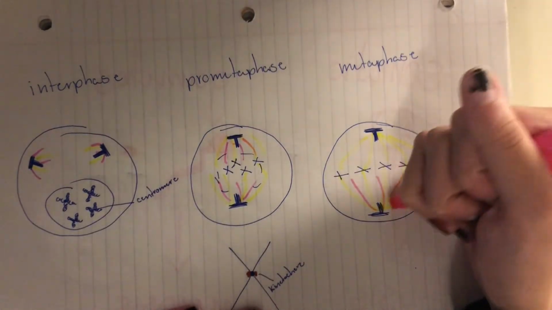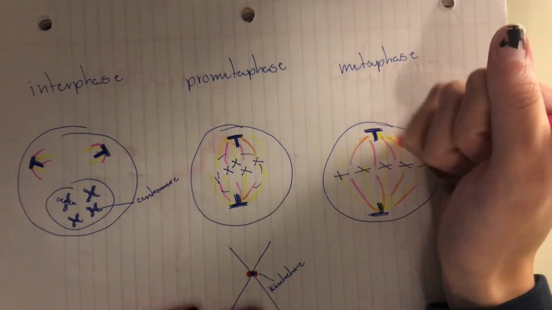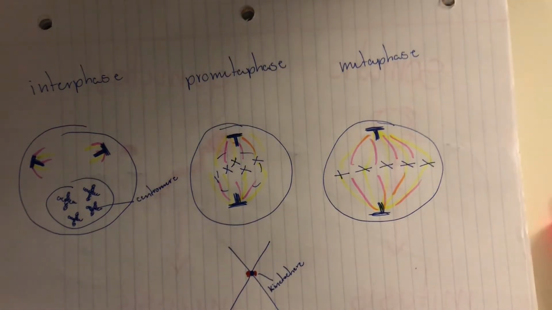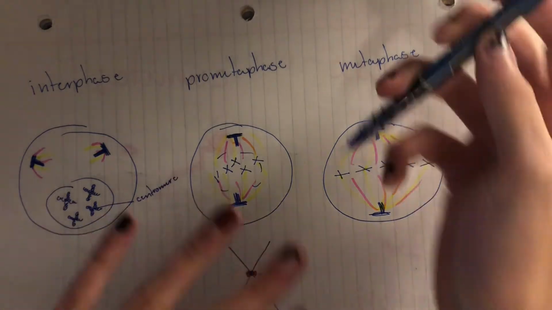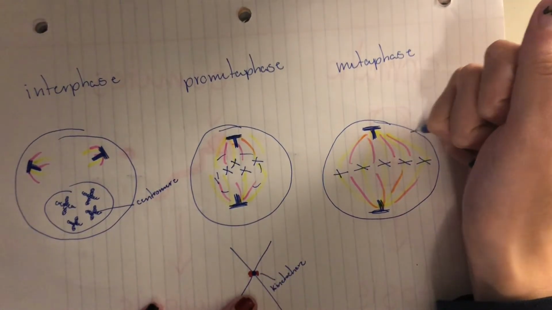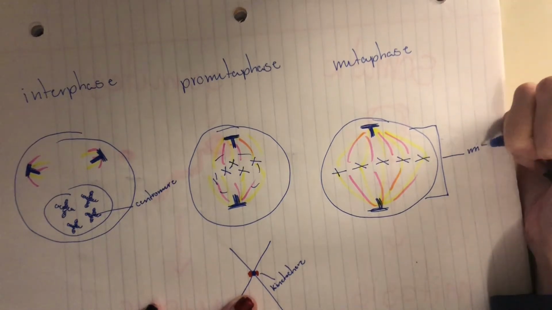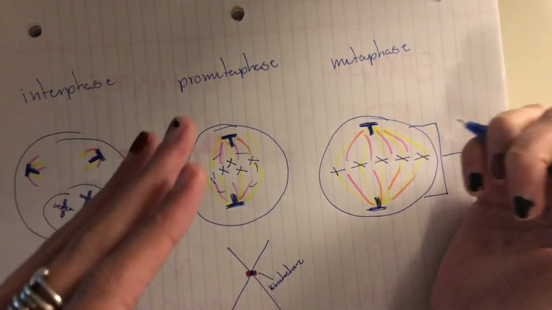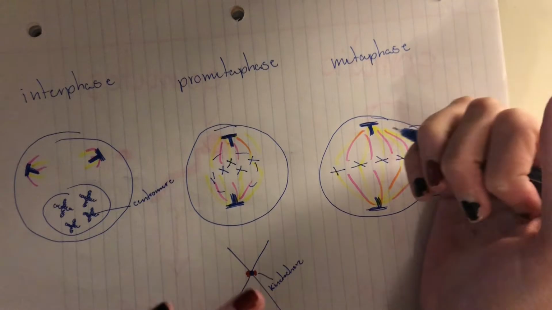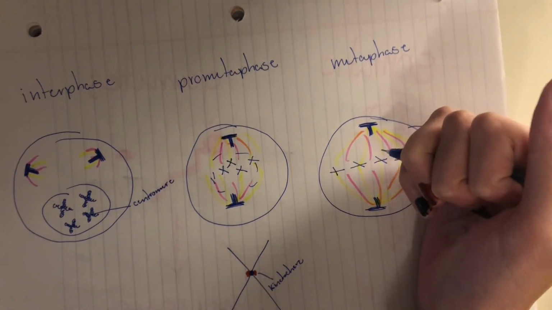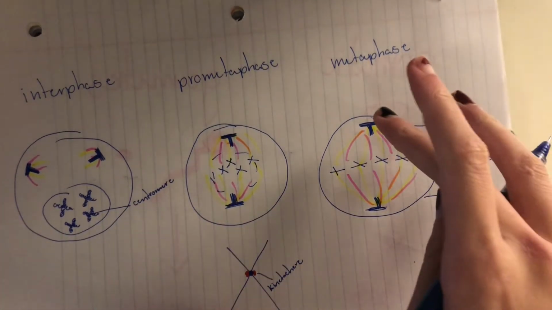And then, of course, we have these other microtubules. Our nucleus is completely gone. These structures of extended microtubules are known as the mitotic spindle. So our chromosomes are aligned in the middle of the cell, they're interacting with the kinetochore microtubules, and the centrosomes are at opposite poles of the cell.